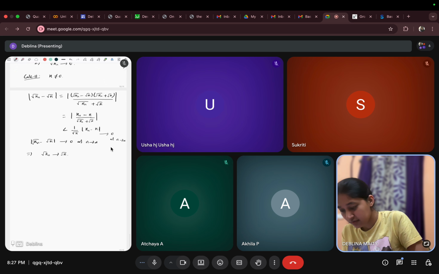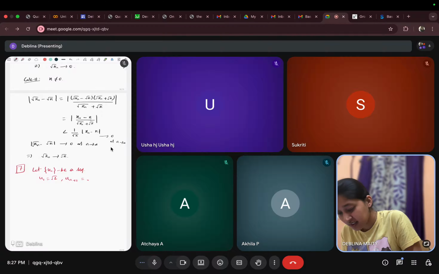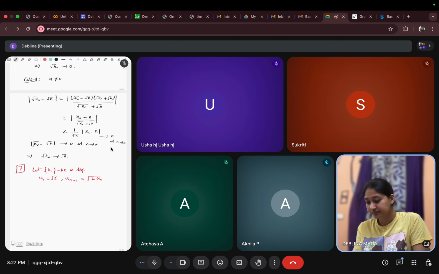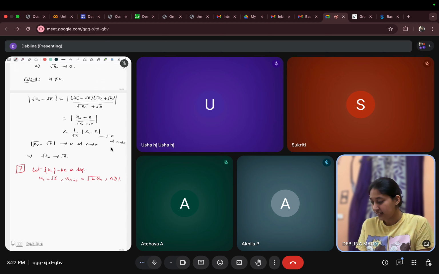Okay, so 7. Let un be a sequence, u1 is root 2 and u(n+1) is root over 2 un for all n greater than or equal to 1, right?